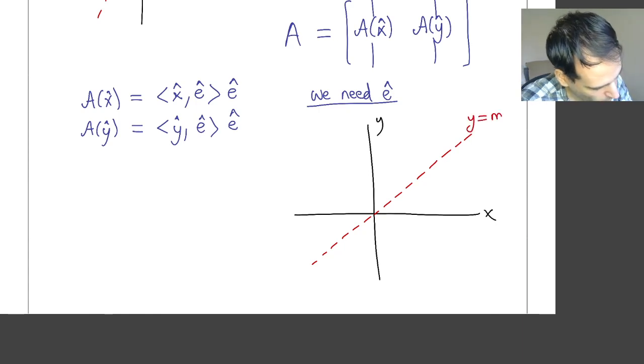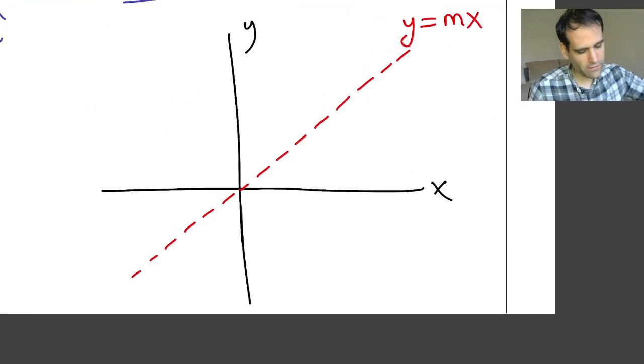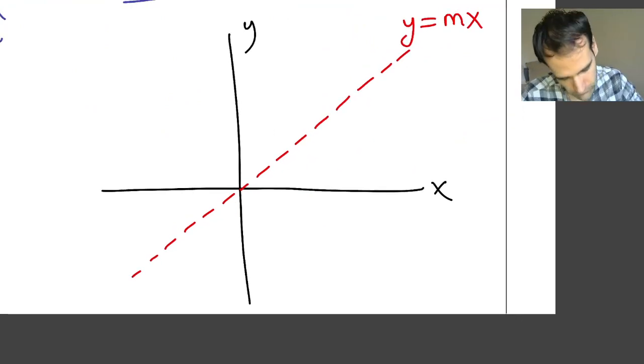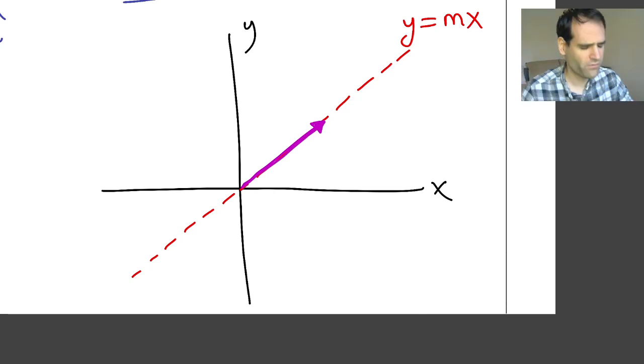Let's try to find a vector in this line, a vector like this. How do we find such a vector in general for any value of m?